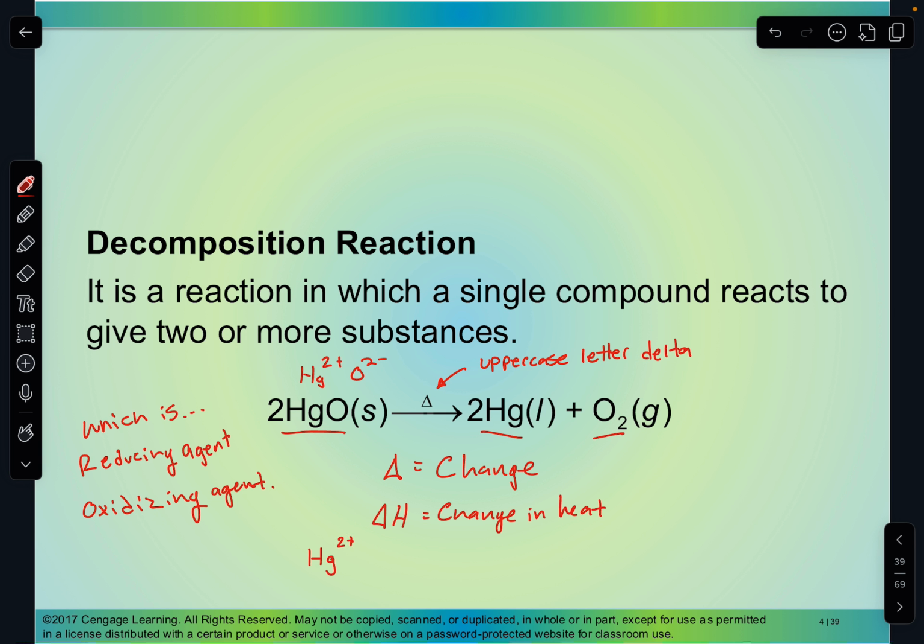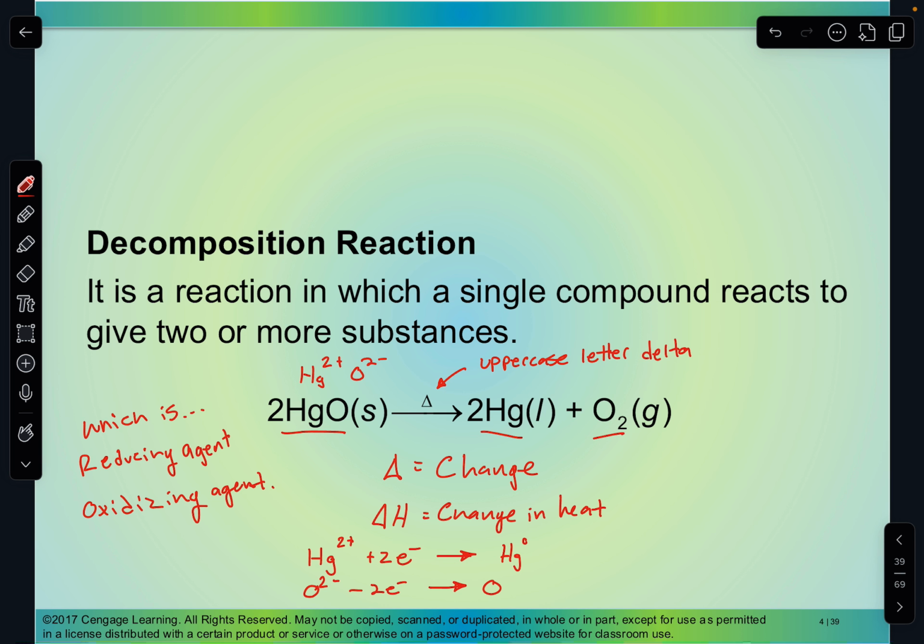Hg2+ plus 2 electrons goes to Hg with a 0 charge. O2- plus 2 electrons goes to O. And I only drew one of the oxygens because it doesn't matter. We just need to know which one's going to be oxidized and which one's going to be reduced.